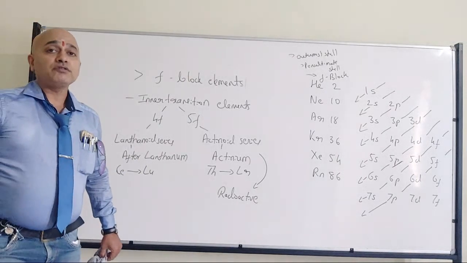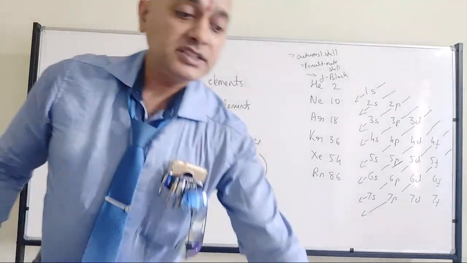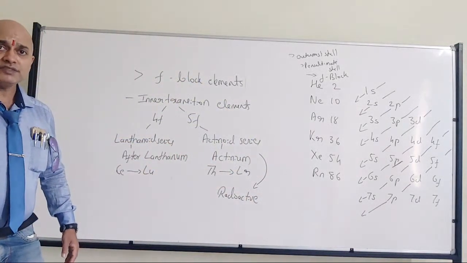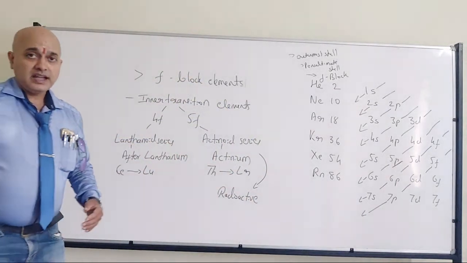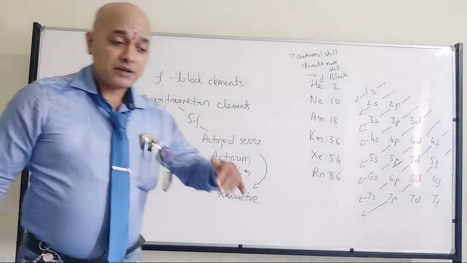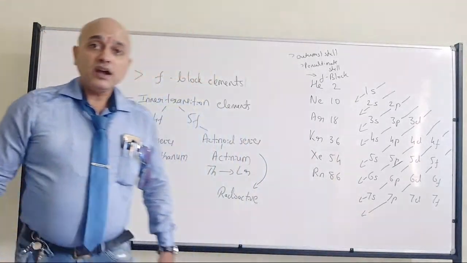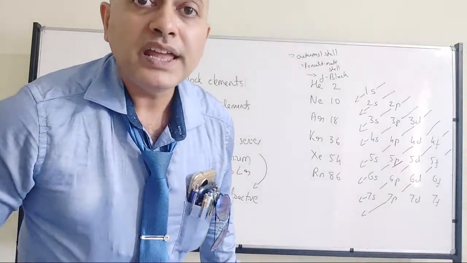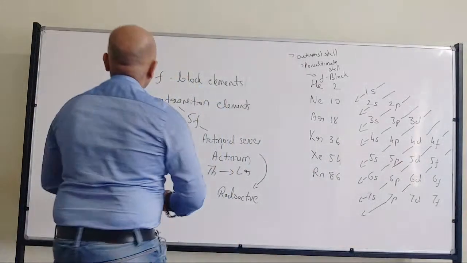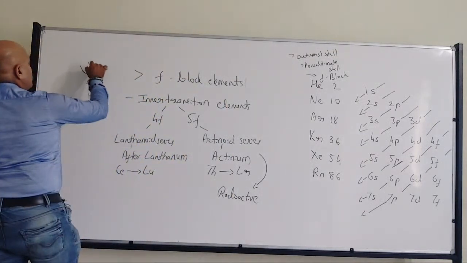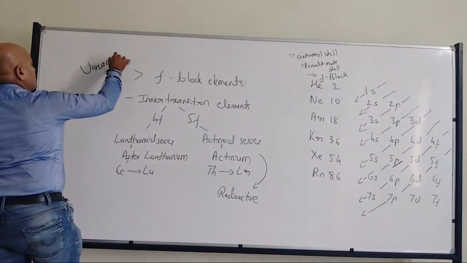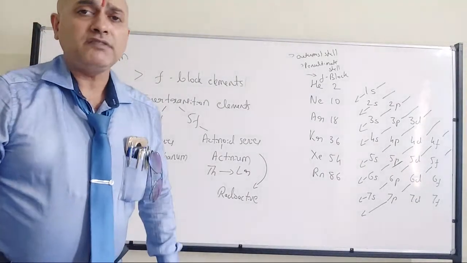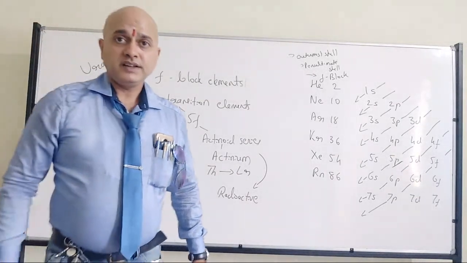We have uranium, which is the best example for the actinoid series. Uranium is one of the radioactive elements all of you have studied, right?